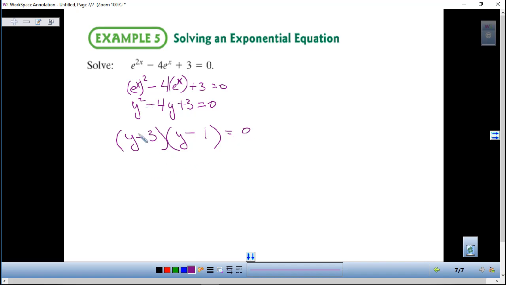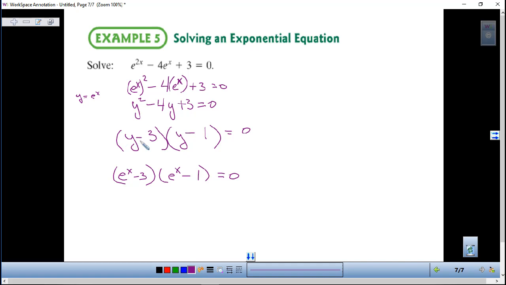And then now, since up here I let y equal e to the x, I'm going to let e to the x equal y, and you get e to the x minus 3 times e to the x minus 1 equals 0. Now, once you do this, what do we know we would have done to solve for y's here?